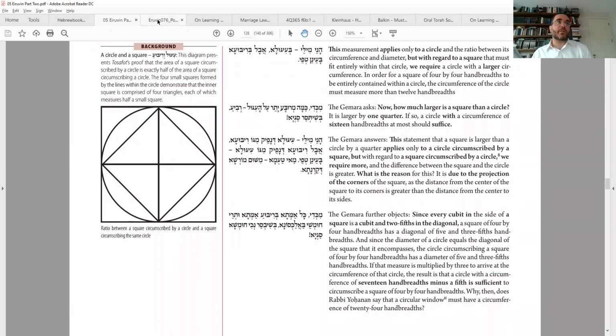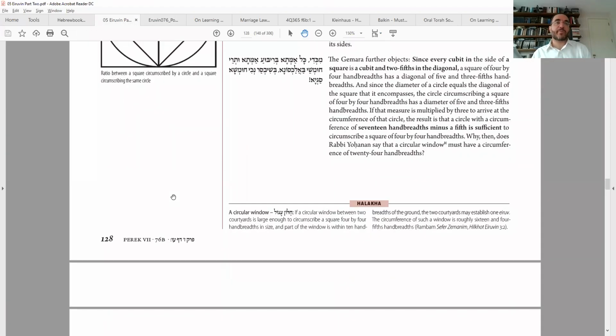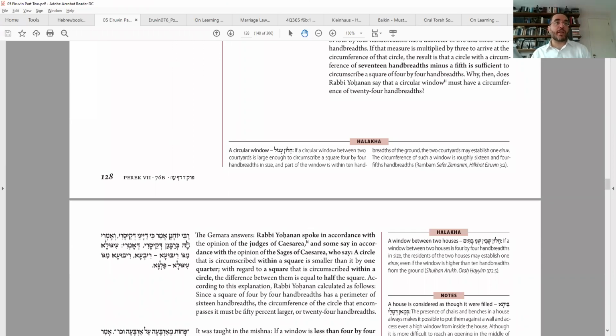Right, so to summarize, if I do want to make a circular window, the circular window has to be big enough that a square can fit inside, and that would mean that it has to be a circle with 16.8 circumference. Okay, now Rabbi Yochanan back above said 24, and what's going on with that? He must have been following the judges of Kesaria.